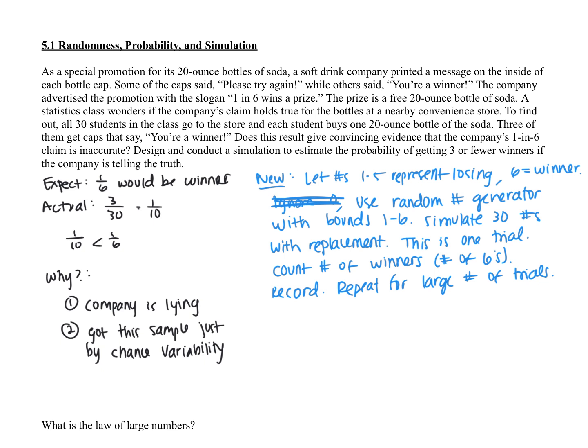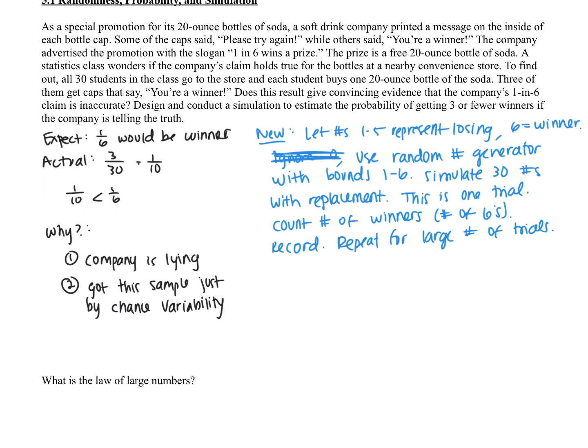Large number of trials, if we were doing this on a computer, we would have a computer do probably 1,000 trials, 10,000 trials. We, of course, are not going to do that many. So we are going to do a small simulation in here, just all of us, and record on a dot plot. So in a minute, what you're going to do is I'm going to have you take out your calculator, and what we care about is the number of winners that you get.